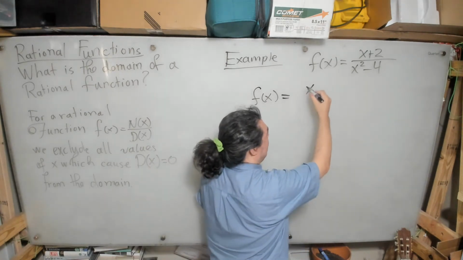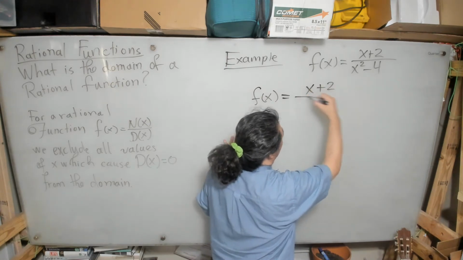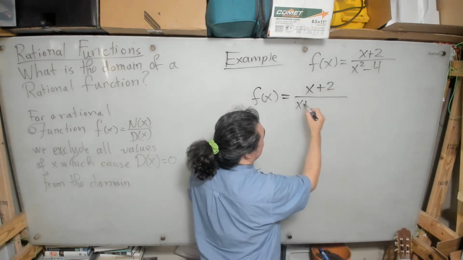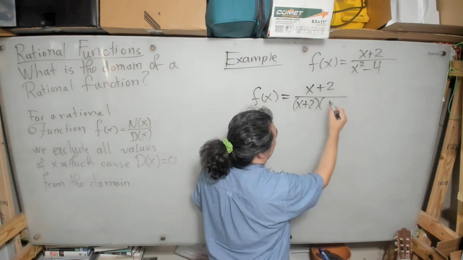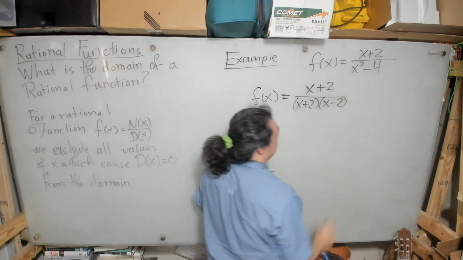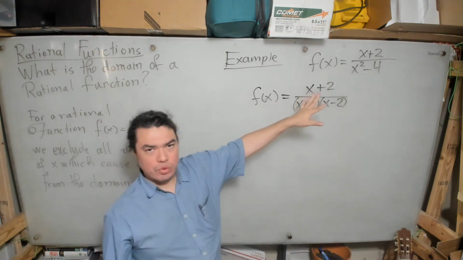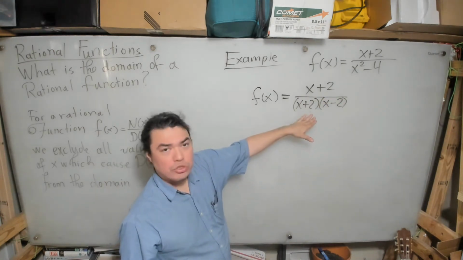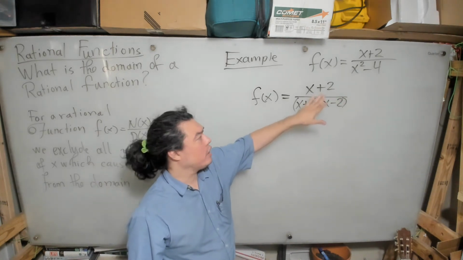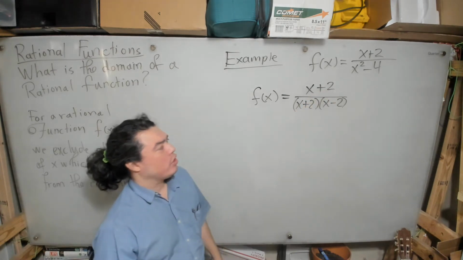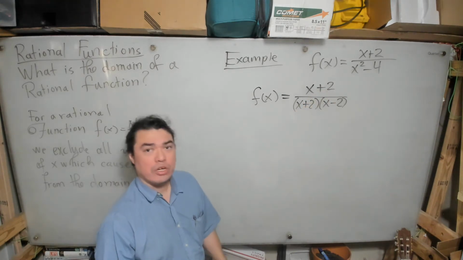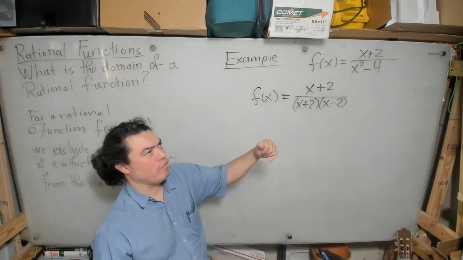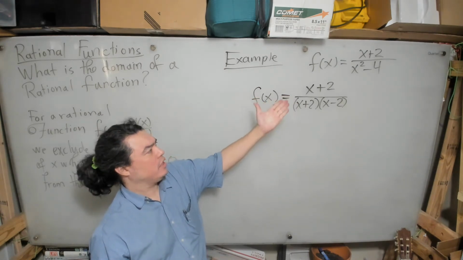So some of you might ask me, okay, David, but I can rewrite this as x plus 2 over x plus 2 times x minus 2, right? I'm applying the difference of squares formula to the denominator. If you multiply these two factors out on the bottom, you will regain the same denominator. So the question of whether this rewriting is legitimate?